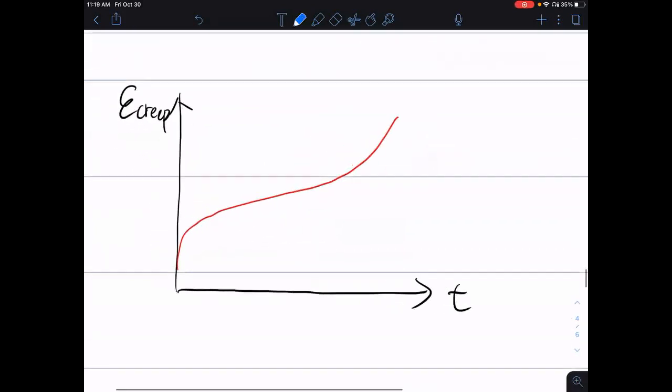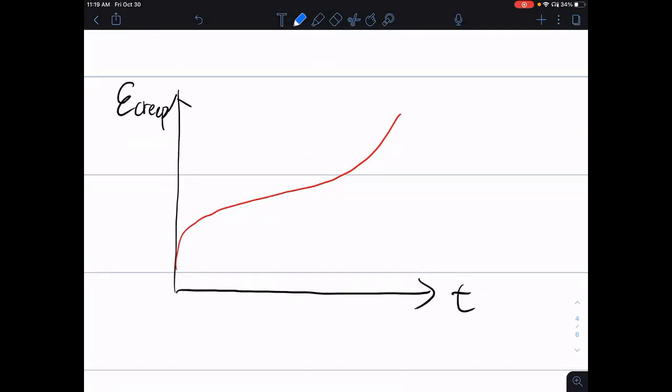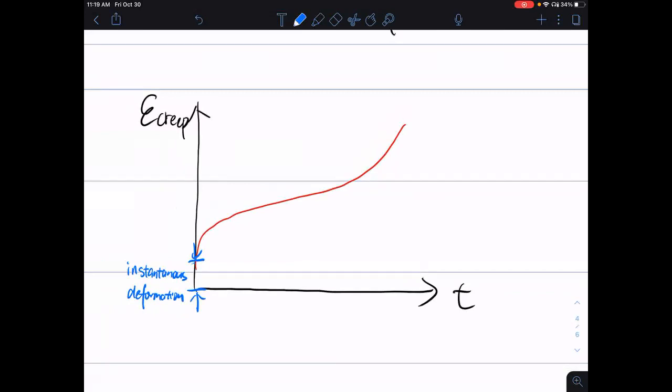And if we look closer here, at the beginning, once that stress is applied to the material, you're going to have this instantaneous deformation. If that makes sense, right? When you apply a stress to a material, there will be either plastic deformation or elastic deformation.